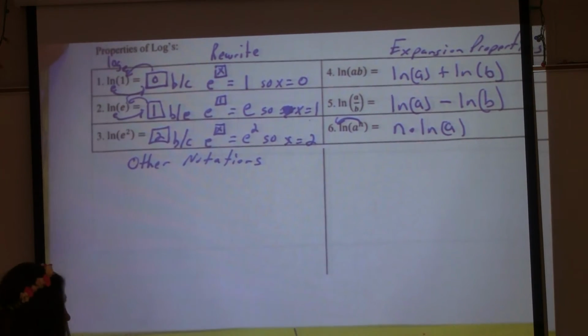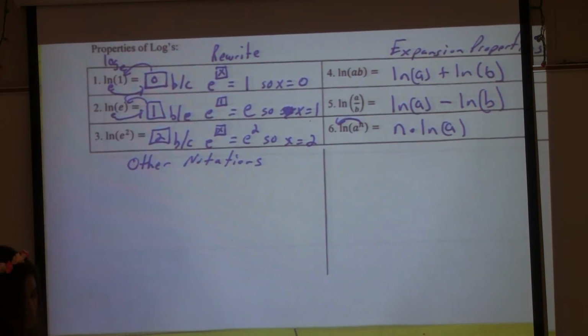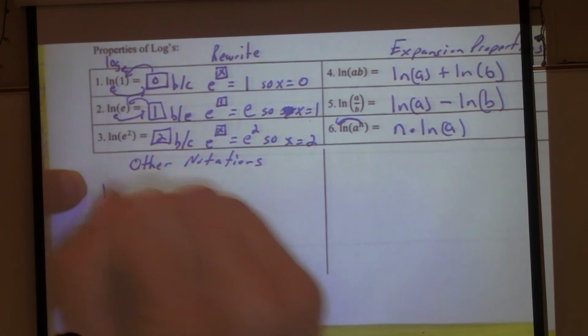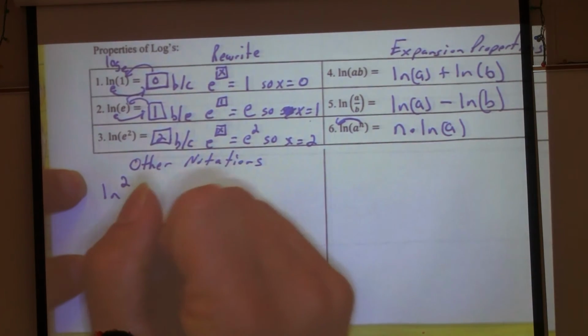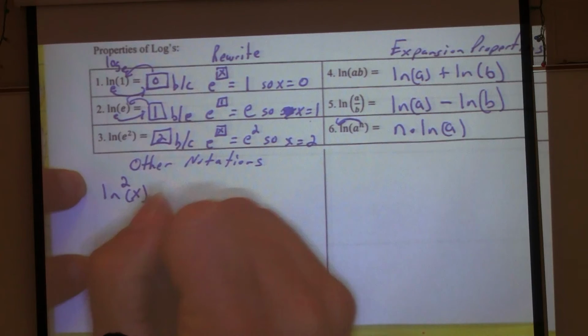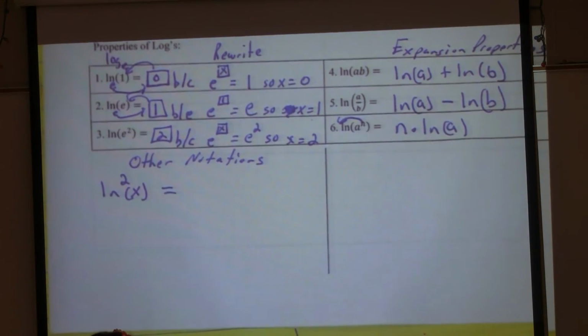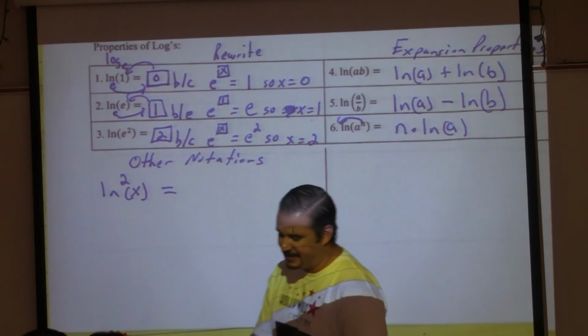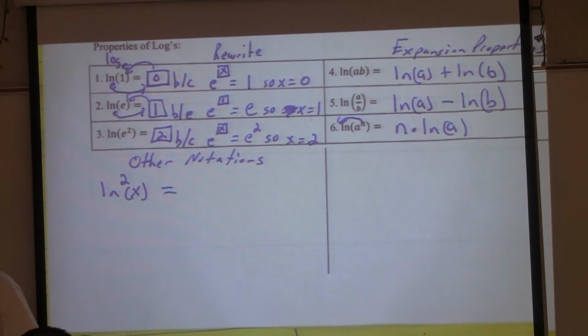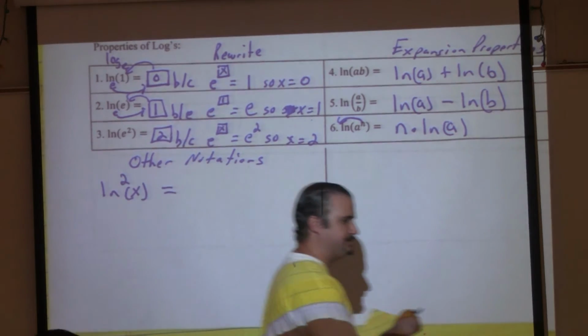Alright, so other notations to be aware of. Sometimes they write the log differently, so they'll say something like ln squared of x. When you see that, I don't want you to freak out. What do you think that notation means? ln of x, the whole thing, squared.